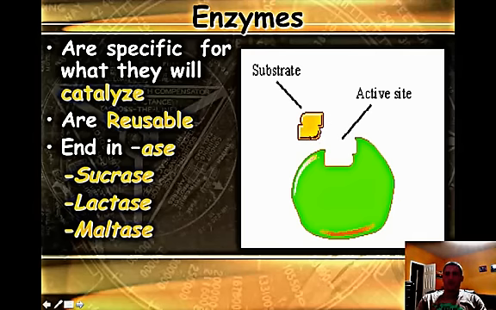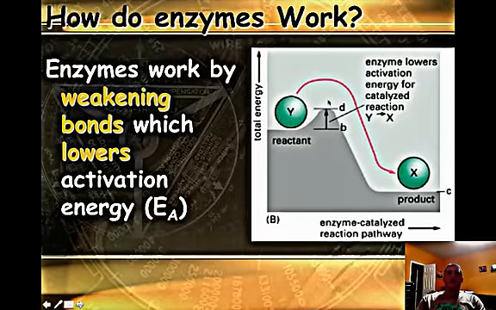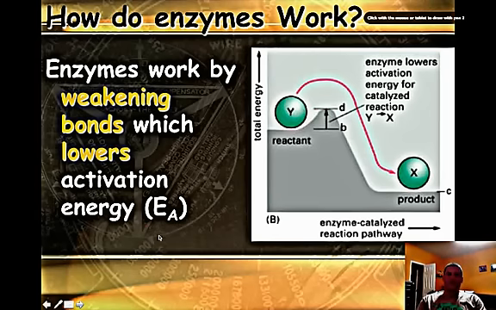Okay, so what they do is they have an active site and a substrate. This substrate is going to have to match the outer shape of this active site, or else it's not going to work. So they work by weakening the bonds, which in turn lowers the activation energy. Imagine this is a reaction without an enzyme. You have to use all this energy to push it up this hill.